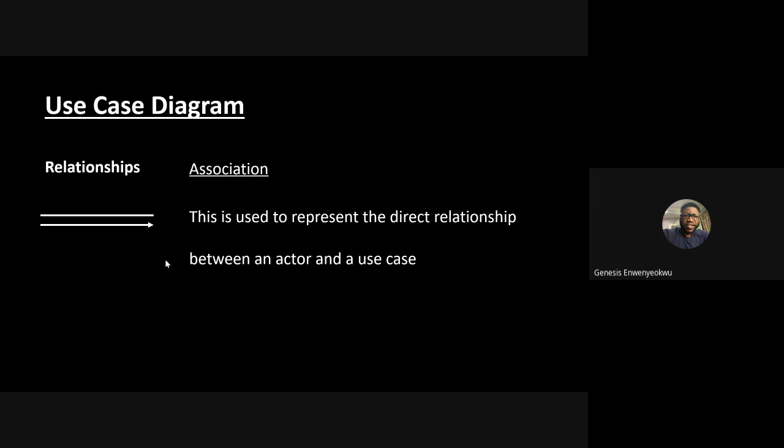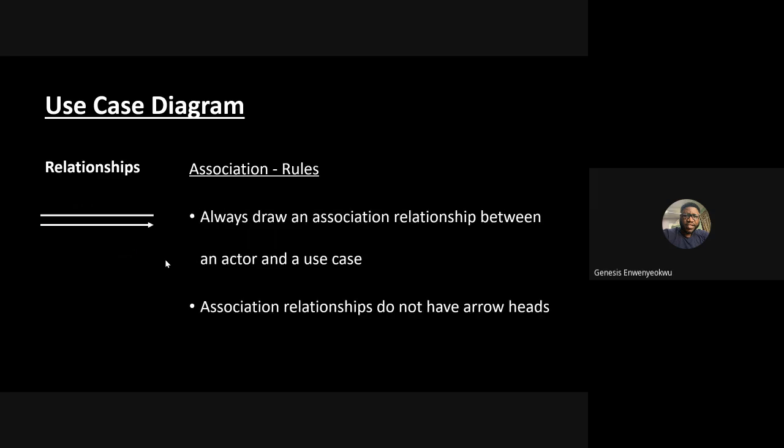The association relationship must always be drawn between an actor and a use case, and it should not have any form of arrowhead. It is this very first one that you see here.